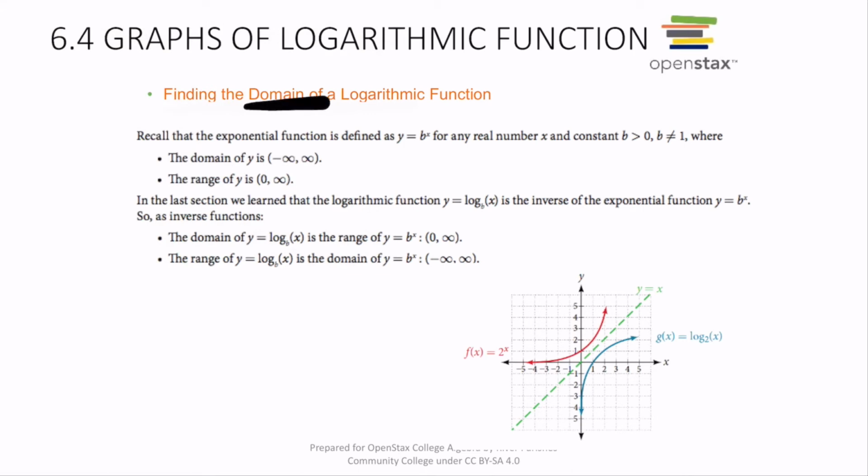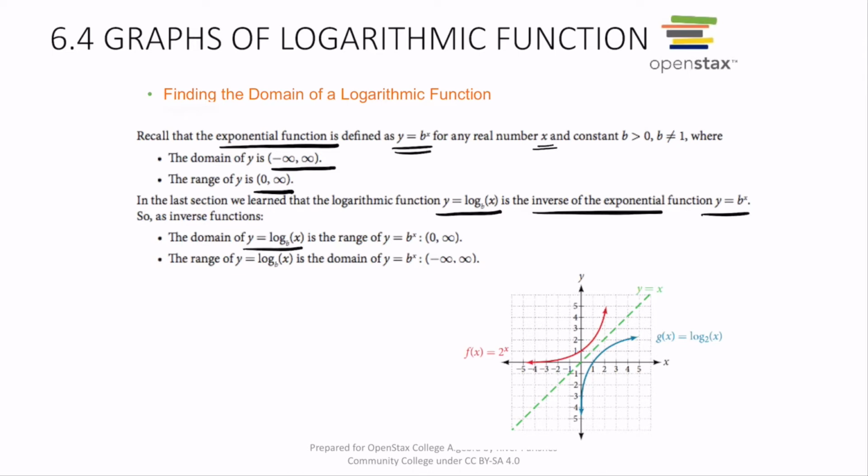One way of finding the domain of a logarithmic function is to use the exponential function's values. For example, recall that for the exponential function y equals b to the power x, for any real number x, the domain is negative infinity to infinity and the range is 0 to infinity. Now y equals log base b of x is the inverse of the function y equals b to the power x.